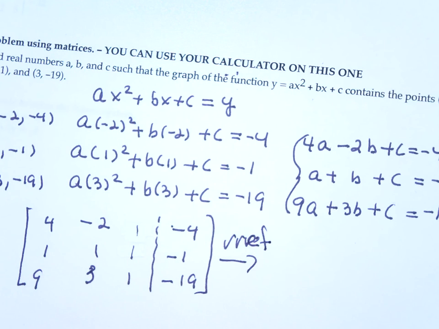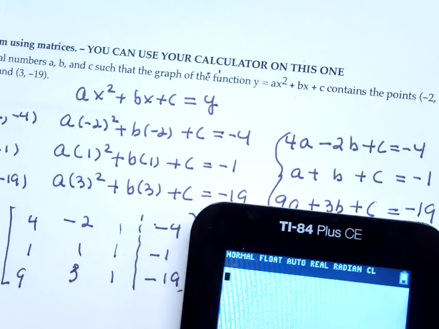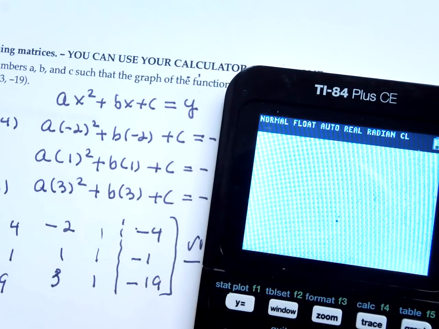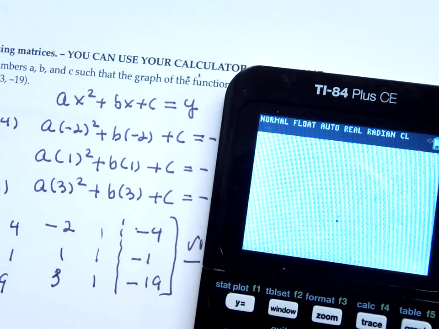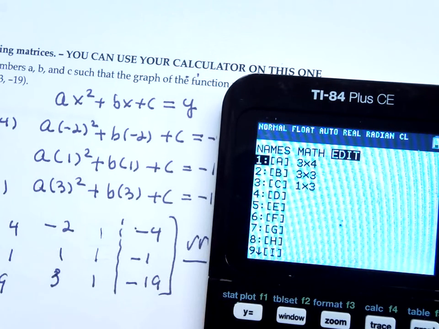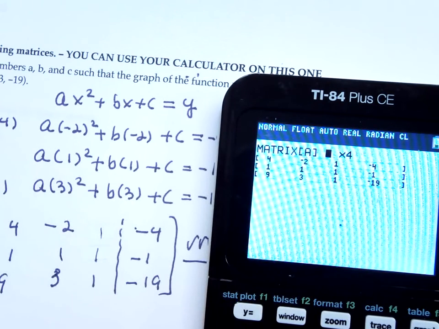I already have it in my calculator. But if you don't remember, you do second matrix, and matrix is above x to the minus 1. And if you want to put it into your calculator, edit. It's a 3 by 4, 3 rows, 4 columns.